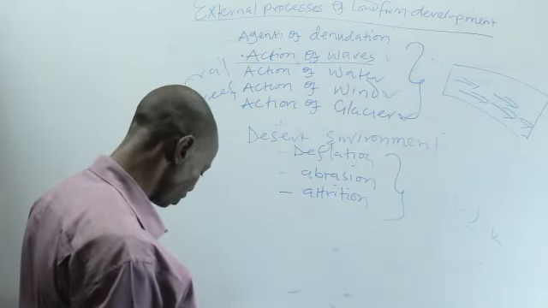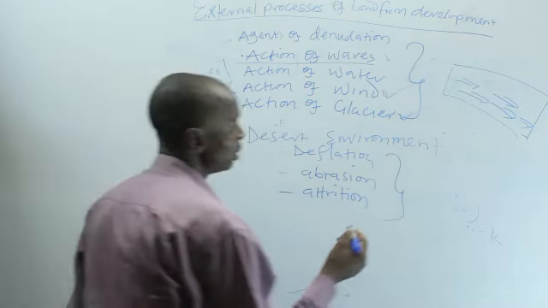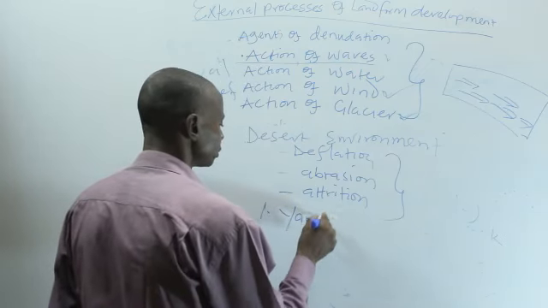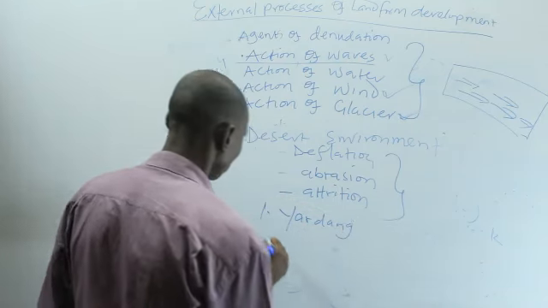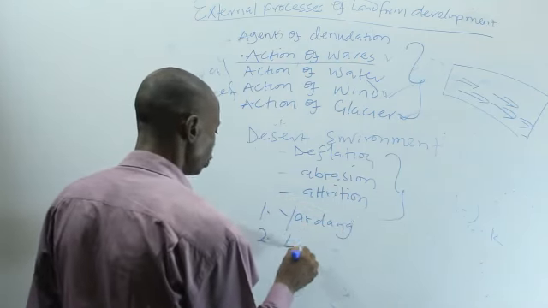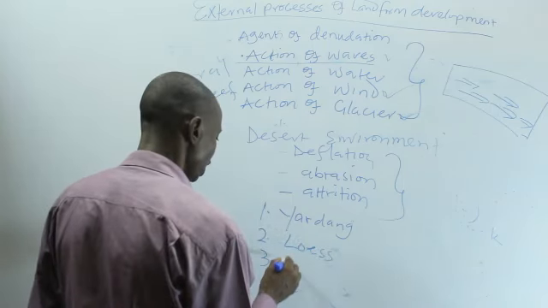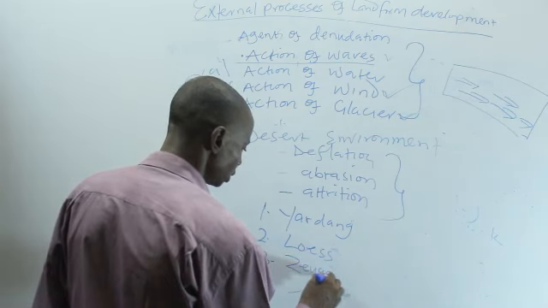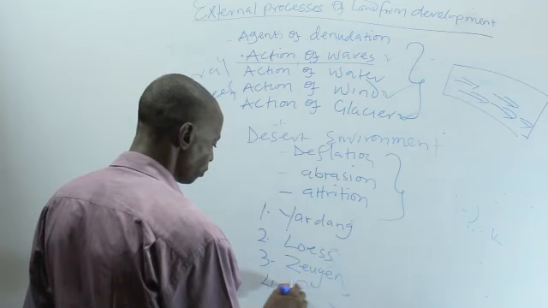What are the landform developments that are associated with wind? Number one, we have what we call Yardang. Number two, we have Loess. Number three, we have Zeugen. Number four, we have rock pedestal.